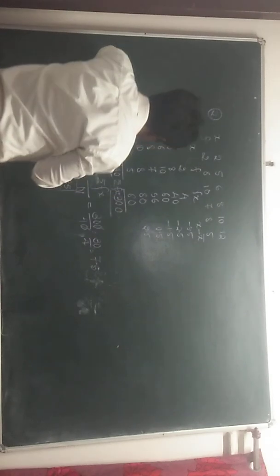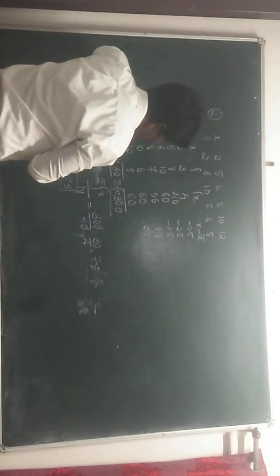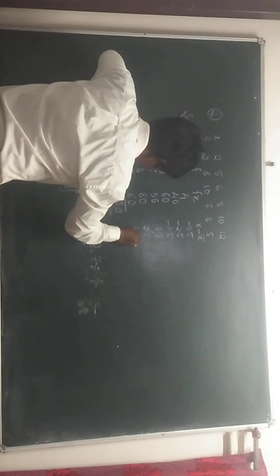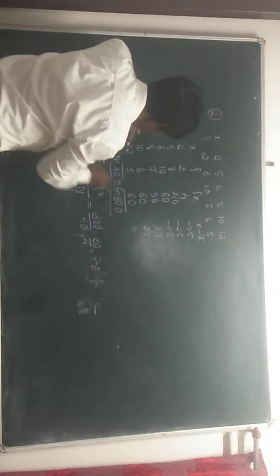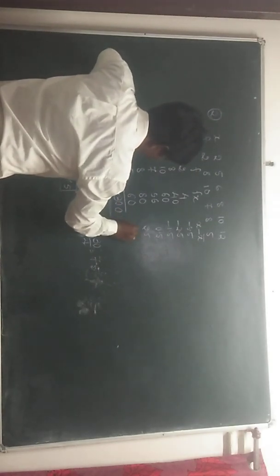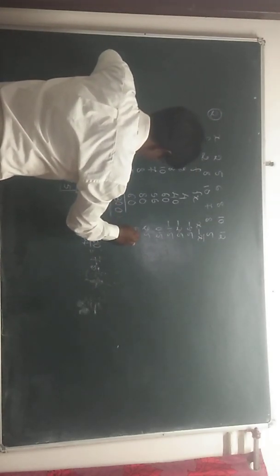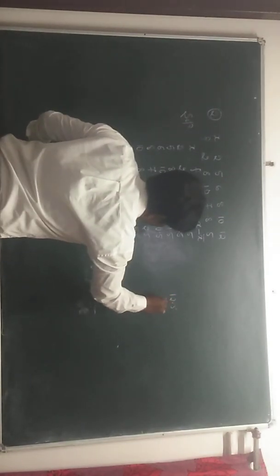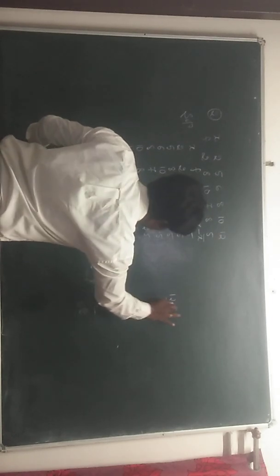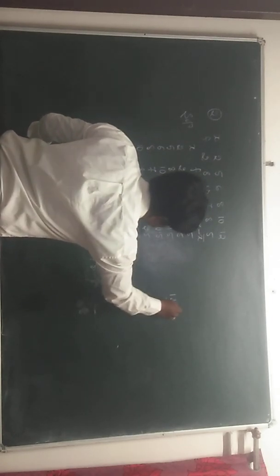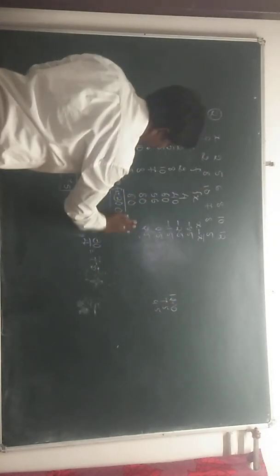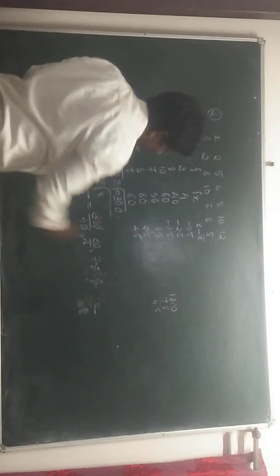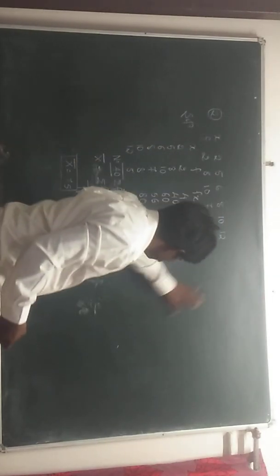Clearly 2.5. 12 minus 7.5. So clearly, how much? 4.5.